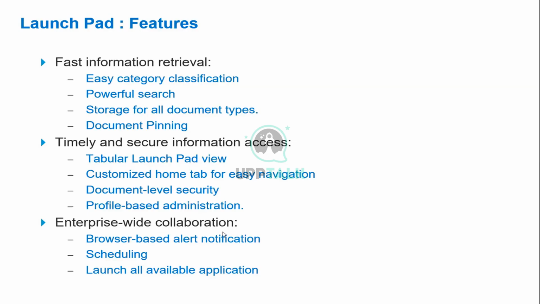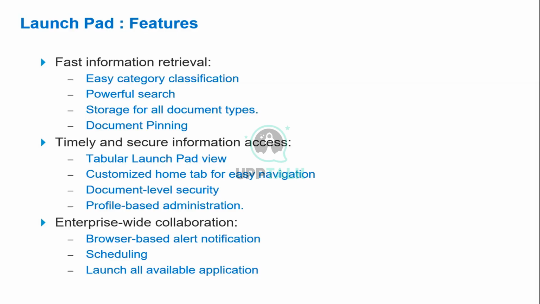The third feature is enterprise-wide collaboration. It is like browser-based alert notification and we can schedule the reports instead of manually running them. If we know we need a report daily, or weekly, every Sunday or every Monday, instead of going there every Monday and manually refreshing, we can create a schedule and set up the cycle, the frequency of the report refresh.